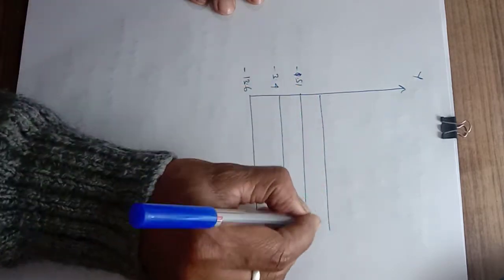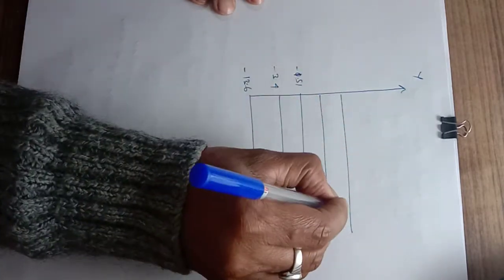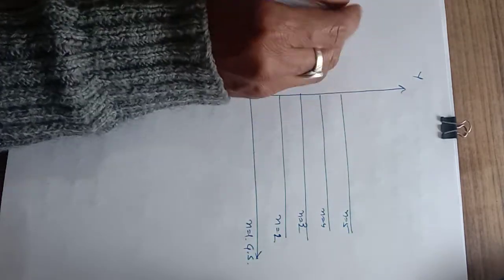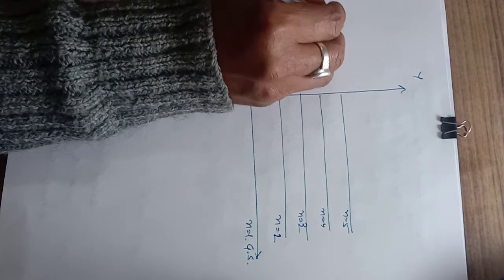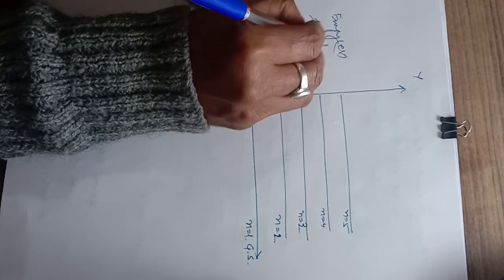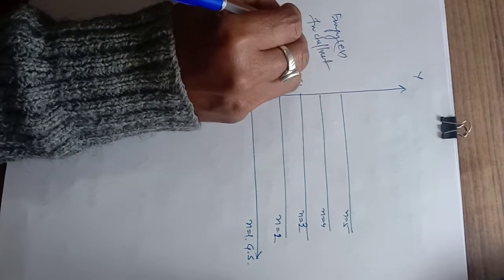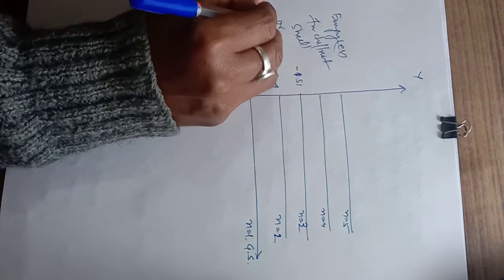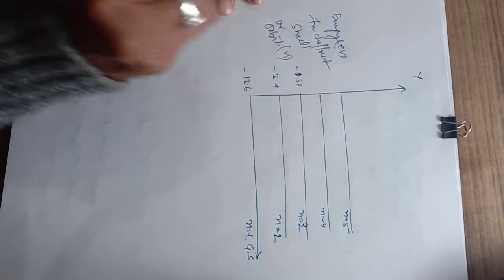So next n is equal to 4, n is equal to 5, and so on. So this is the energy in electron volts for different shell or orbit, that is n.